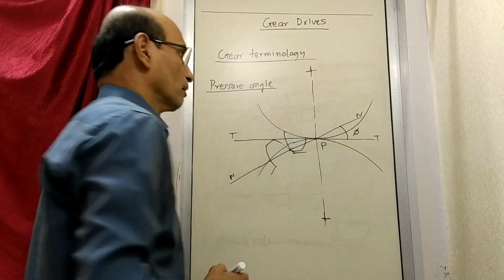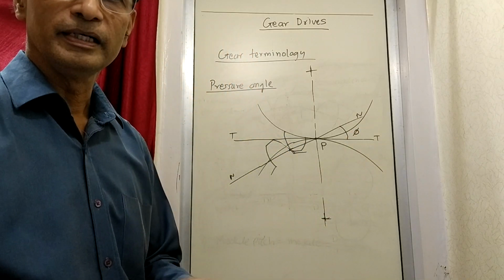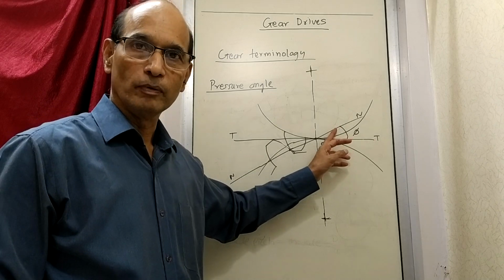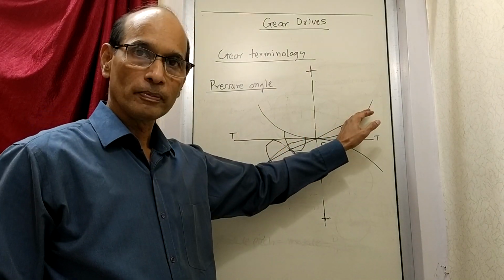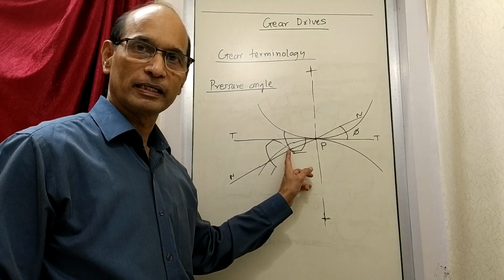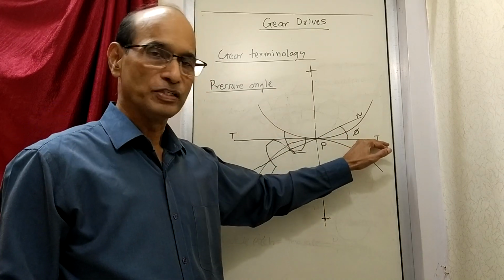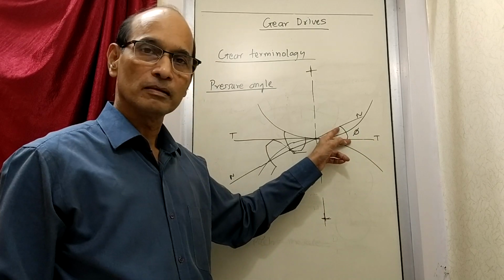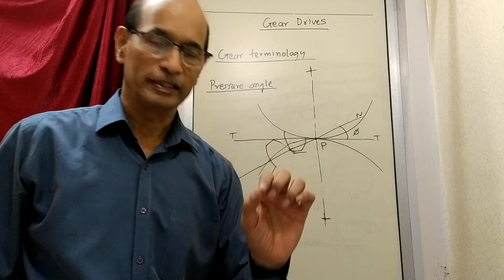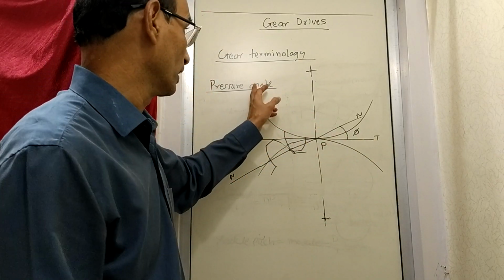is called as a pressure angle. So what is a pressure angle? It is an angle made between normal drawn at point of contact of two gears and the tangent. That angle is a pressure angle. So you can write down, and now dictating the definition, what is the pressure angle?